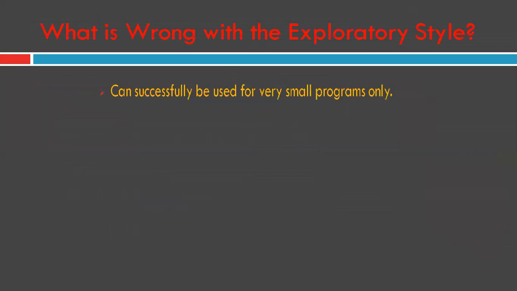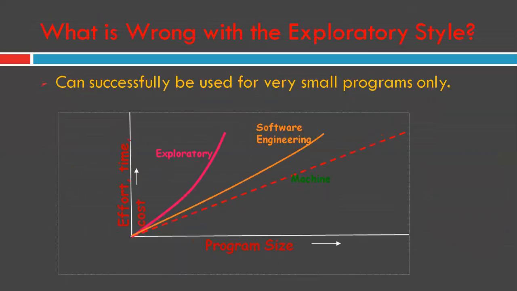Now, what is wrong with this exploratory style? A problem with developing such large commercial programs is that the complexity and difficulty levels of the program increase exponentially with their size, as shown in this particular figure.